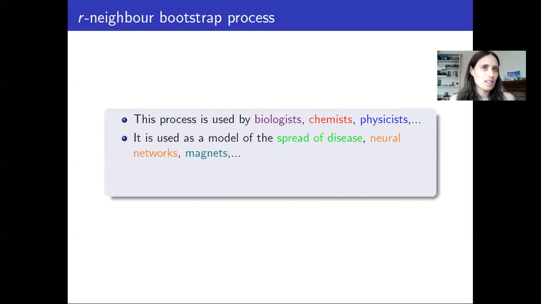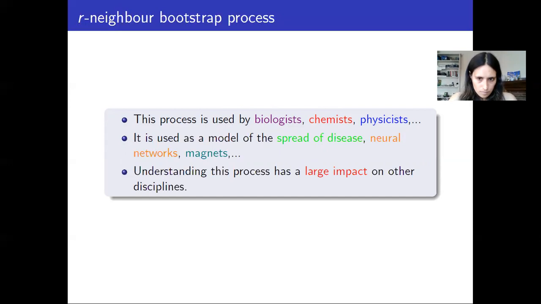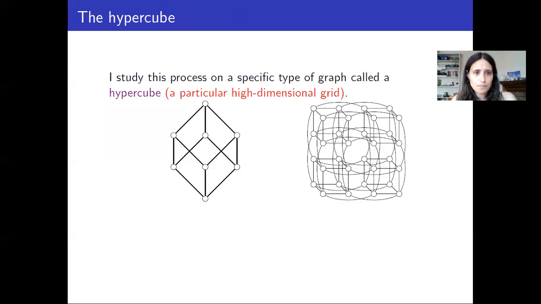So it's not going to be exactly how things work in the real world. But a lot of the time, for a lot of these processes, using an r-neighbor bootstrap process or a variant of it is a good way of modeling the spread of certain things. So this is why mathematicians are very interested in this process, because it has many applications to other disciplines.